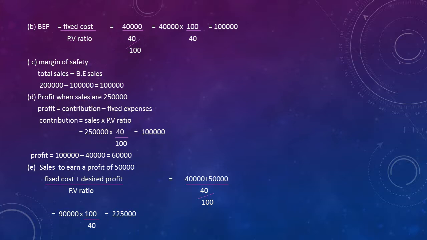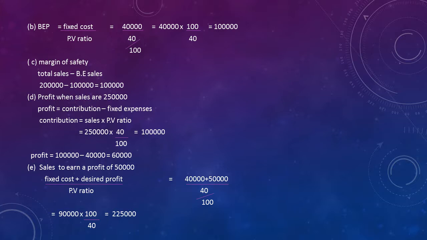The next question, sales to earn a profit of 50,000. If we want to earn a profit of 50,000, how much do we have to sell, or what should be the sales level? How can we calculate? Fixed cost plus desired profit divided by PV ratio. Fixed cost is 40,000. The next point is desired profit, which means how much profit we want to attain.